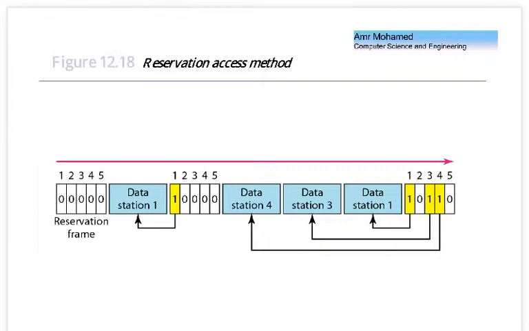So in that case, the node that always has data will access the channel every time. So at the end, you may not have fairness between the nodes, because there is one node that accesses the channel much more often than others. So this is the main issue in that mechanism. Okay? So this is the reservation mechanism.